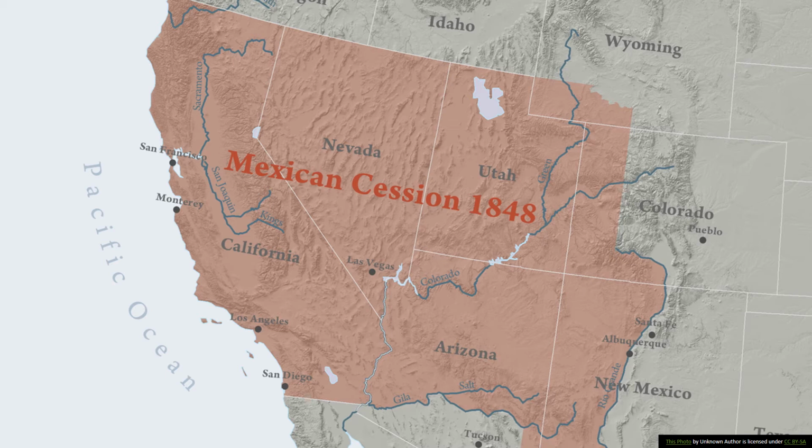Of course, we didn't have those states there, but this shows you what we gained: California, Nevada, Utah, some of Wyoming, Colorado, some of New Mexico, and some of Arizona. So the United States is finally able to pretty much extend itself across the entire country.